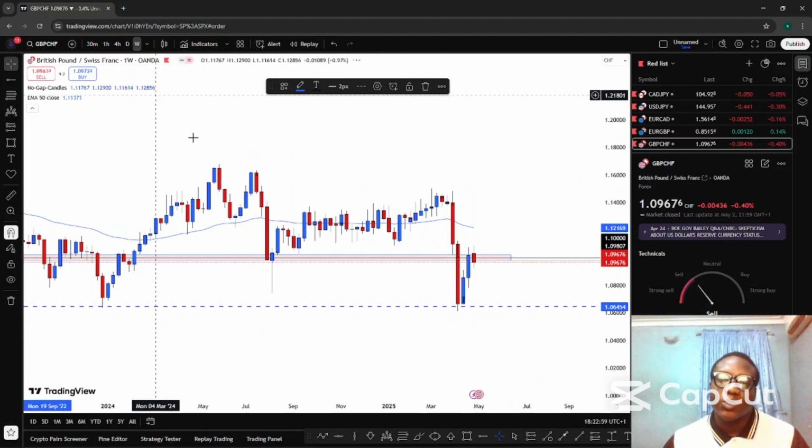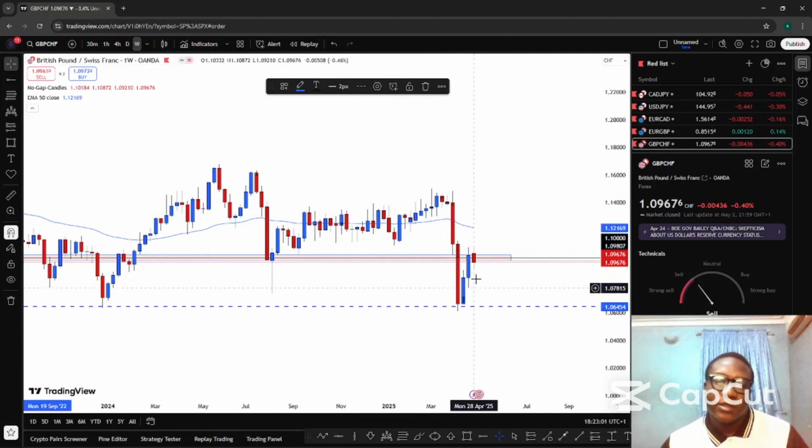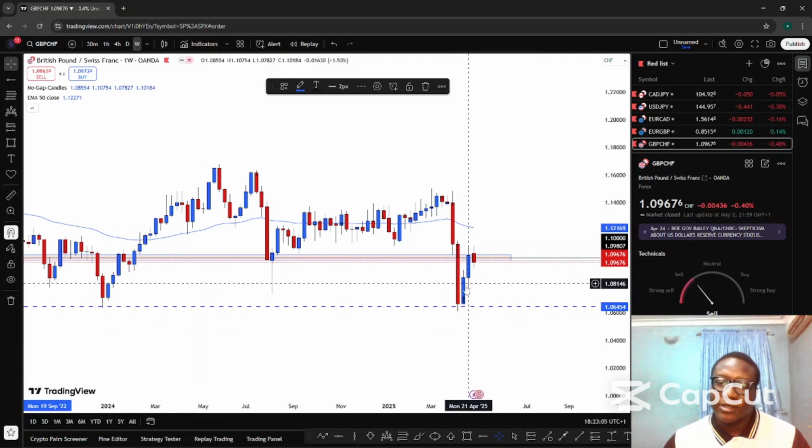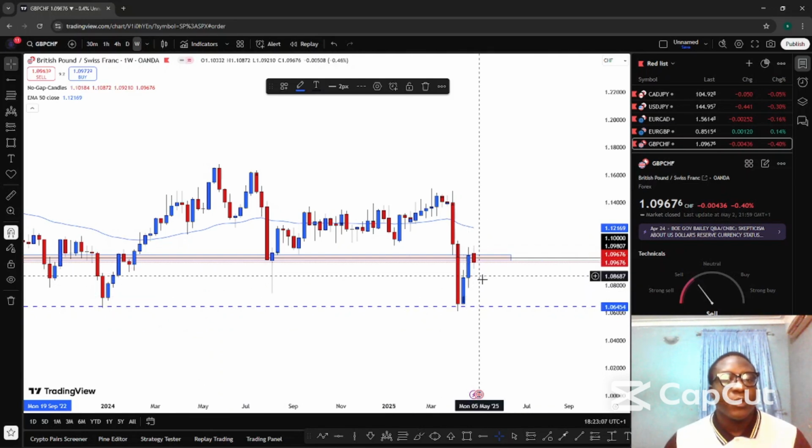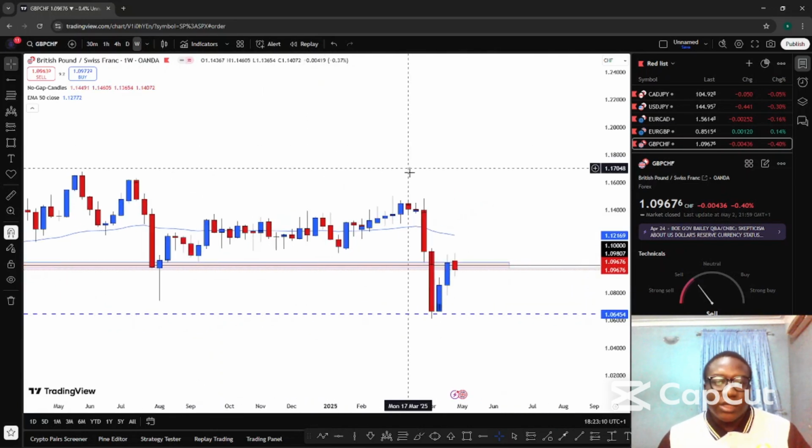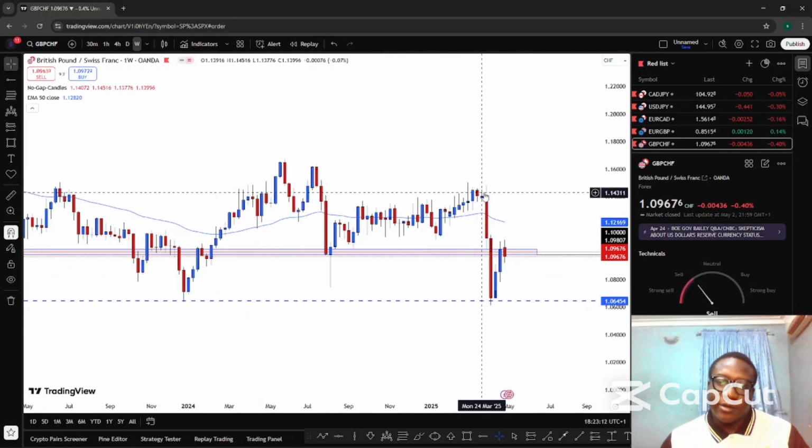So basically, we're just waiting for the market to get to our area of interest. So we're taking these small day trades, the small buys inside here. On the weekly time frame, you can see that the market is currently bearish.